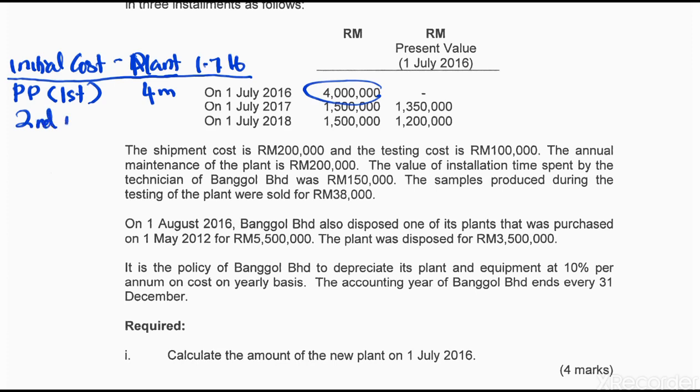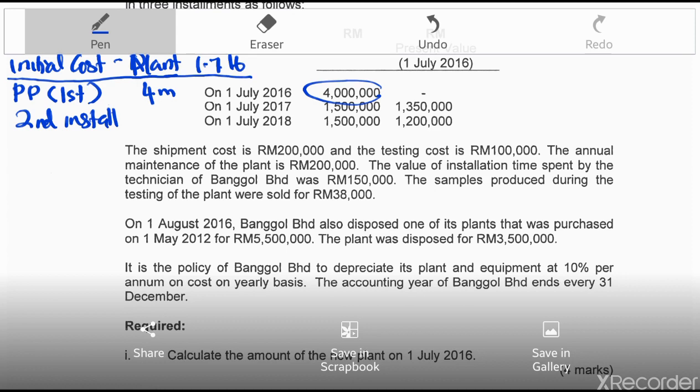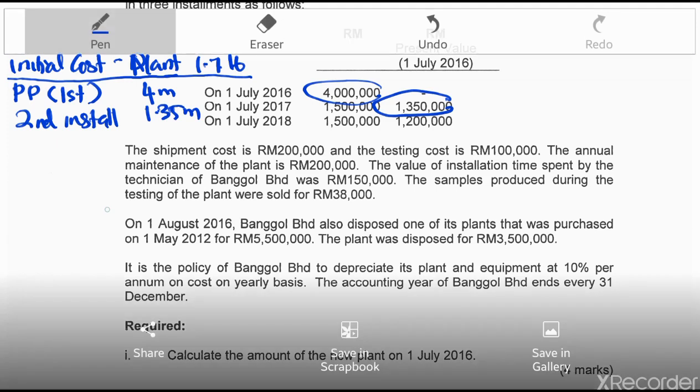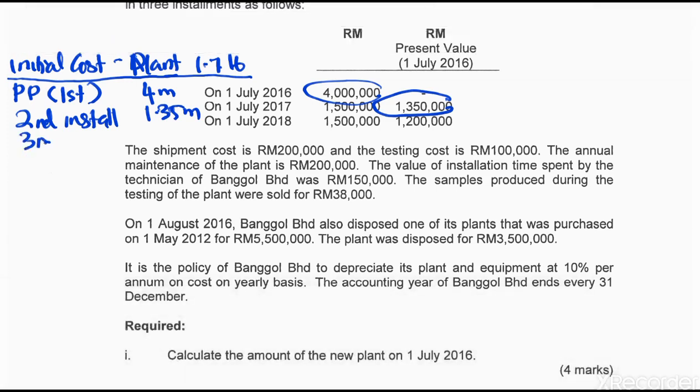Your second installment, you are going to take at the present value, 1.35 million. Next one is the third installment. And that one, if you look in the question, is given here, 1.2 million.